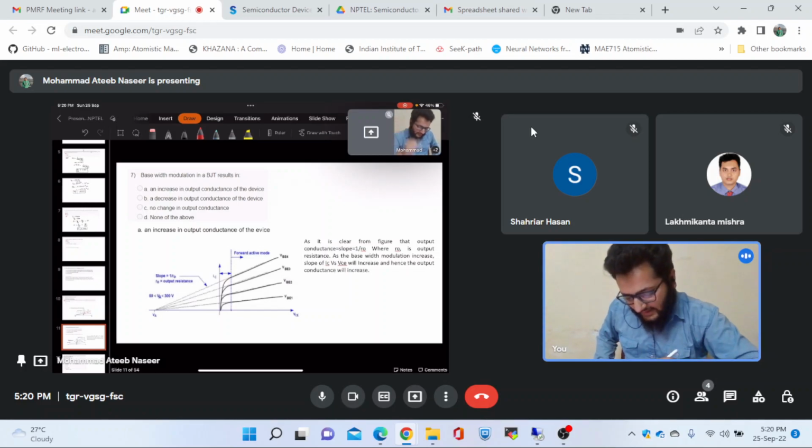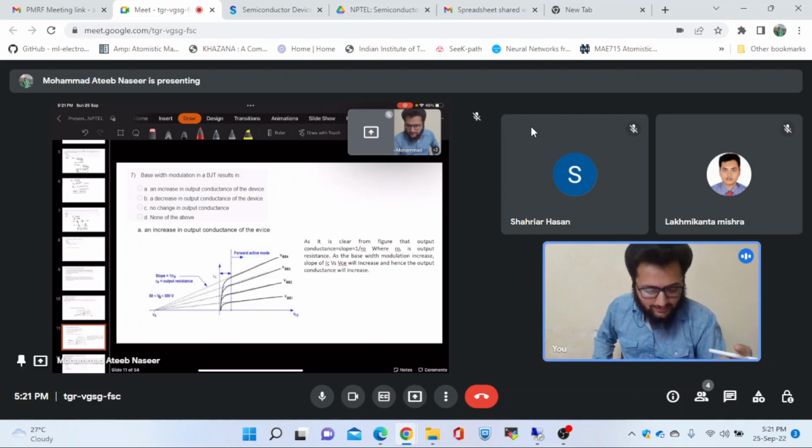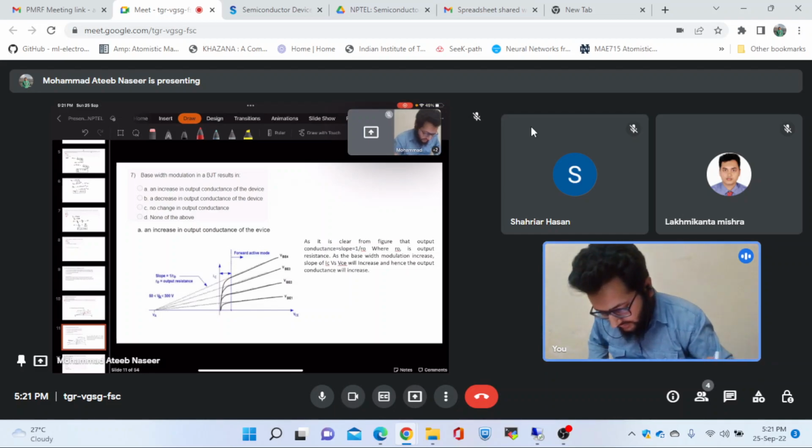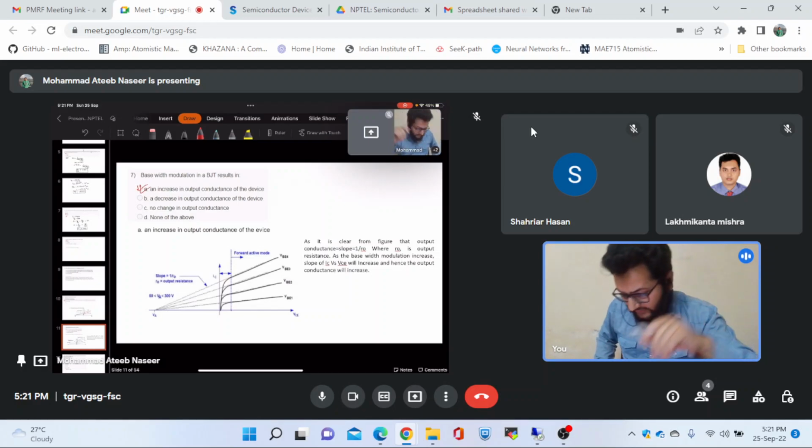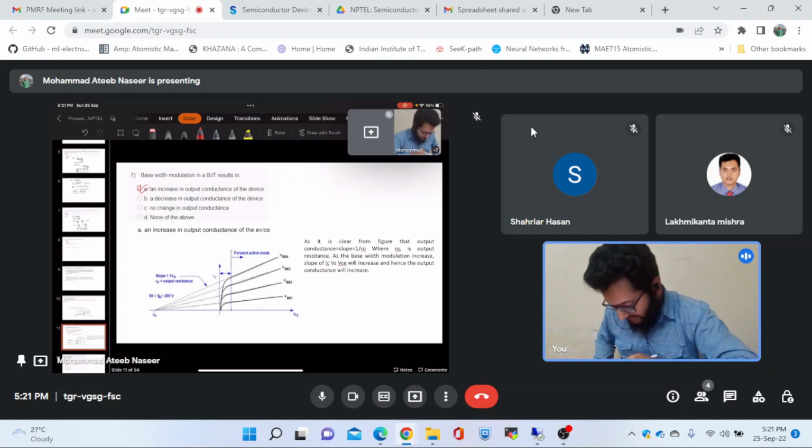As clearly mentioned from the figure, for this BJT in active mode, r0 is the output impedance or output resistance. As the base width modulation increases, the slope will increase, which in turn results in an increase in the output conductance. This is simple, and we will select option A. This is the effect of the base width modulation.